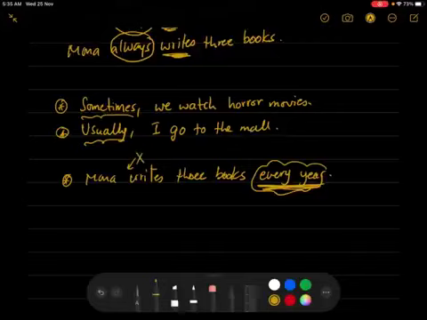Every year cannot come before writes, not like always and other indefinite adverbs of frequency. Every year is a definite adverb of frequency that comes after the what. And in a complete sentence, it comes after the where and before the when, as we said before in the sentence structure and the multiple adverb order.